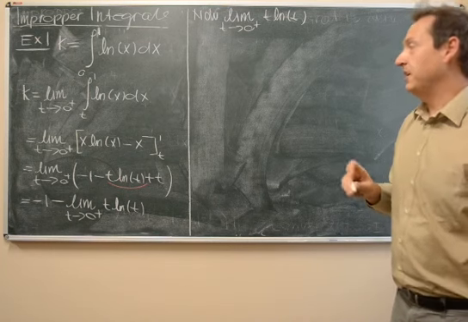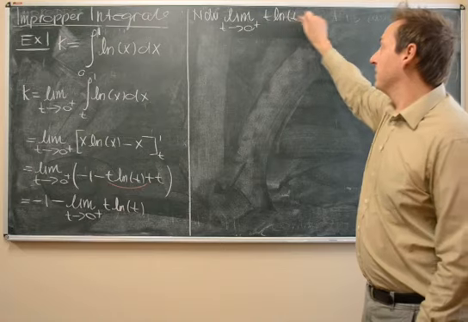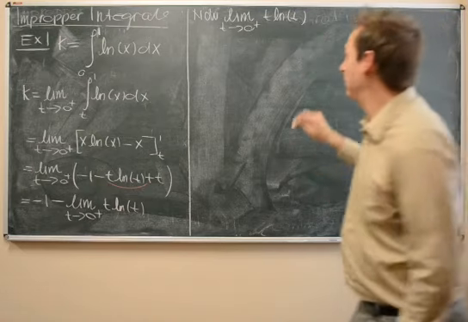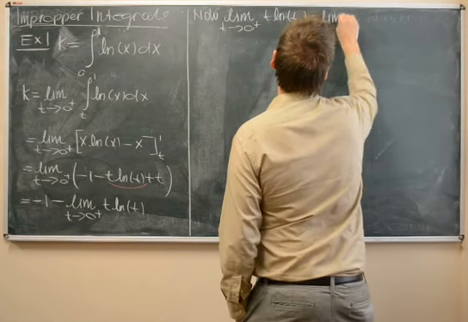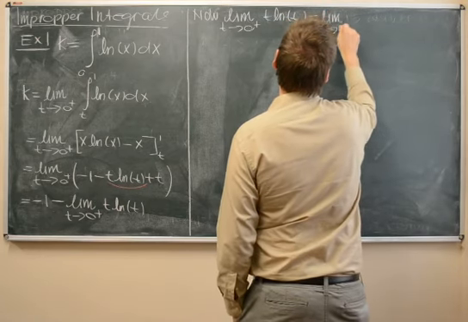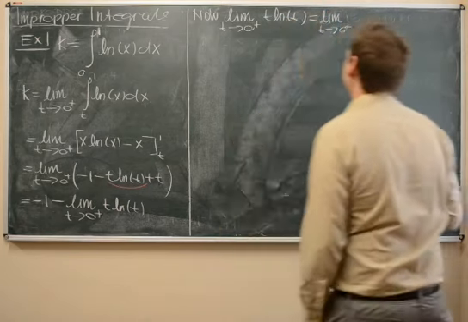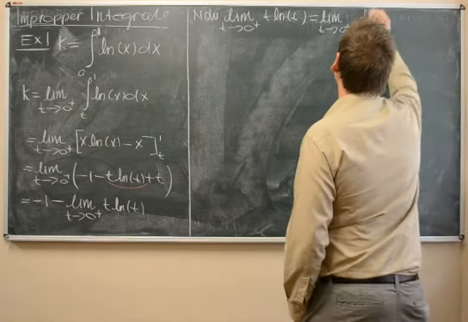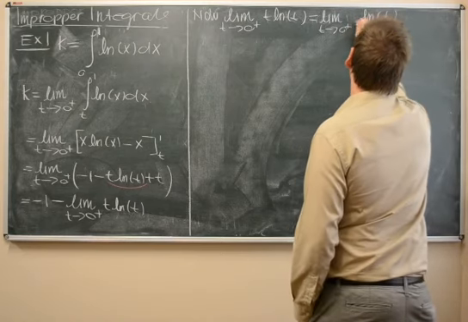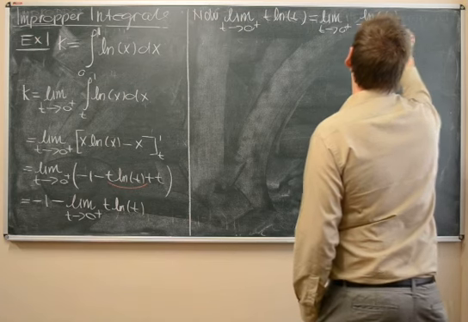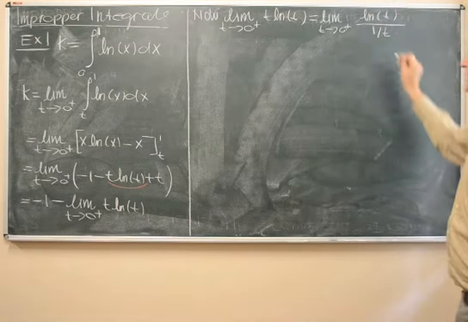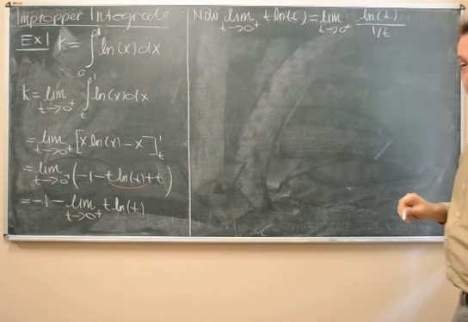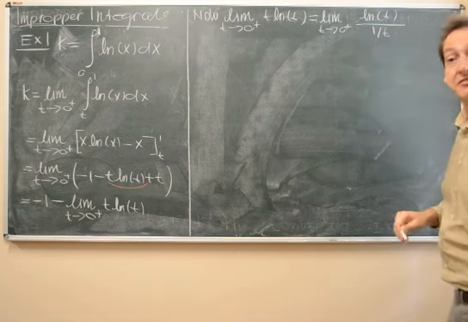So let's write our expression in that form. This becomes the limit as t goes to 0 of ln t over 1 over t. ln t goes to minus infinity, and 1 over t goes to infinity.